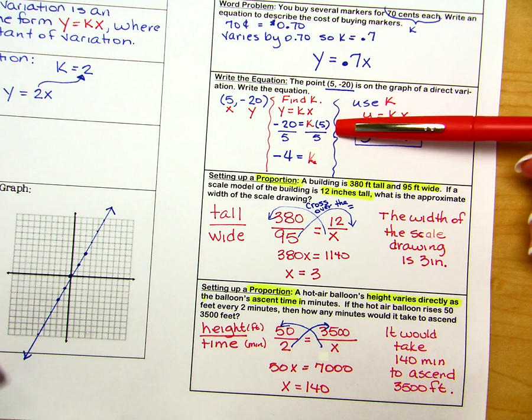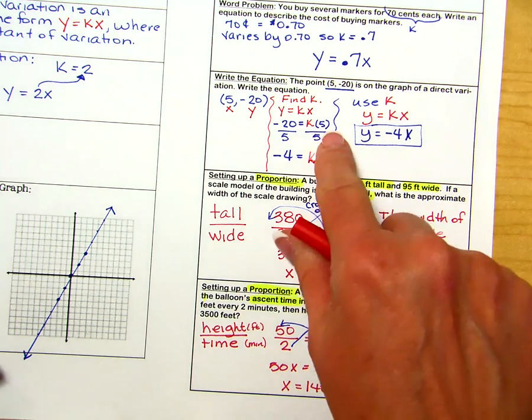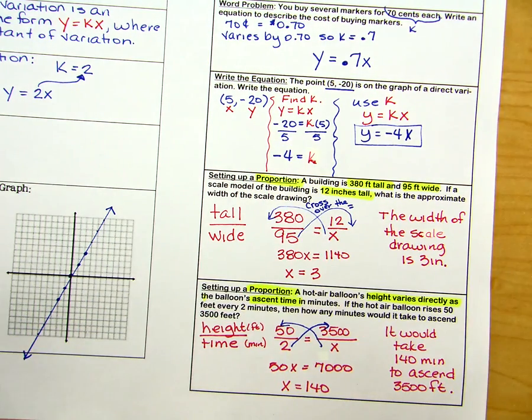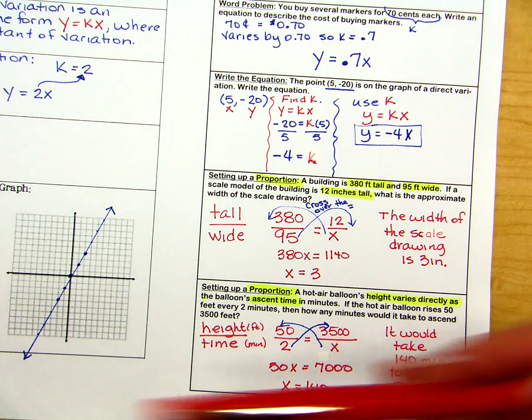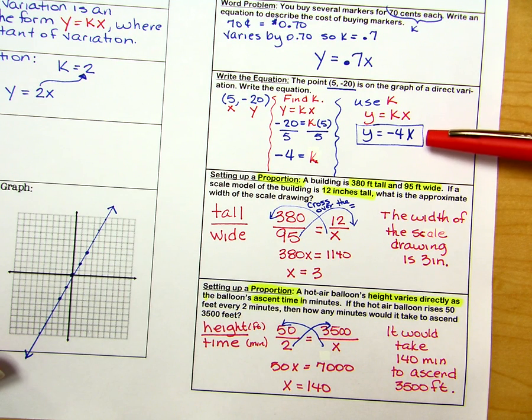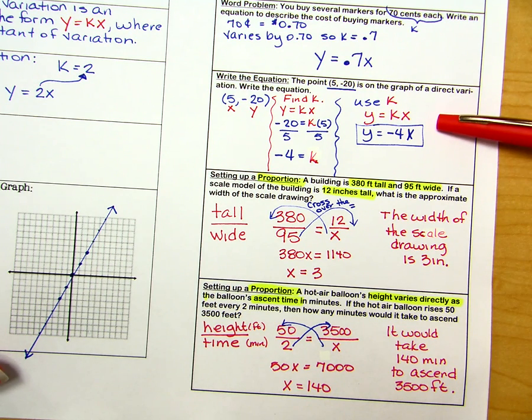We substitute in the values of x and y, and then we solve for k. So we find that our constant of variation is -4. To get the general equation that'll find all the points for that line, we just substitute k into the y equals kx form, and there's our equation for direct variation.